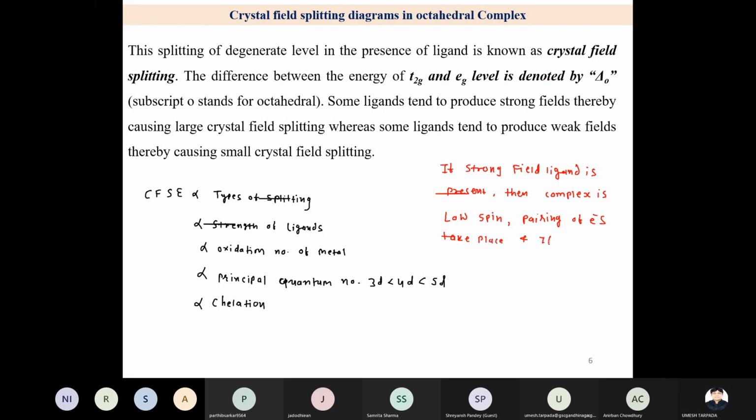If a weak field ligand is there, then the complex is called high spin complex. Pairing does not take place, and electrons remain unpaired.